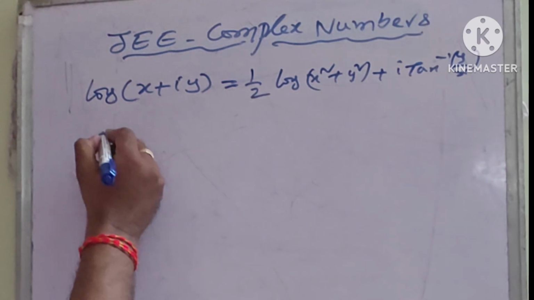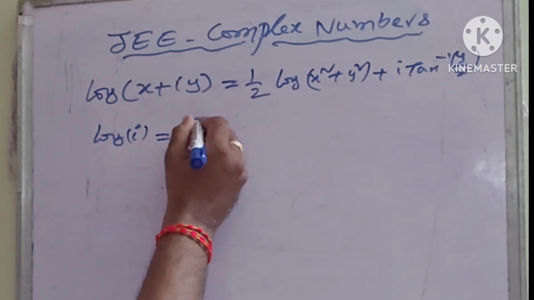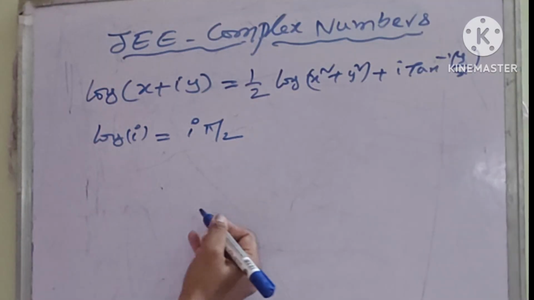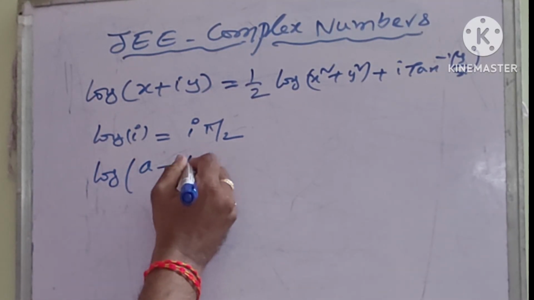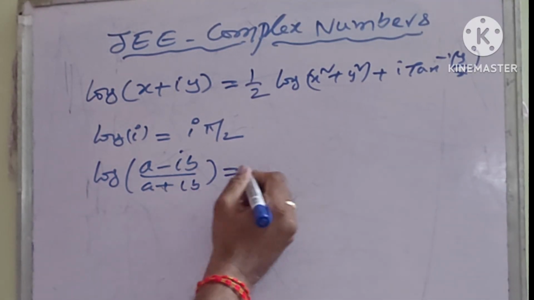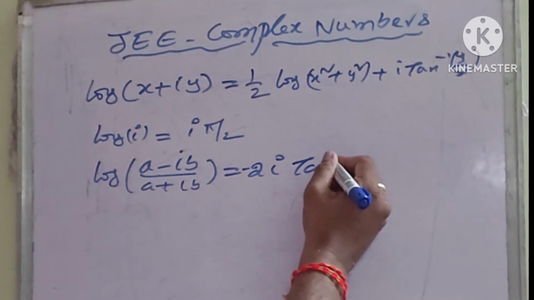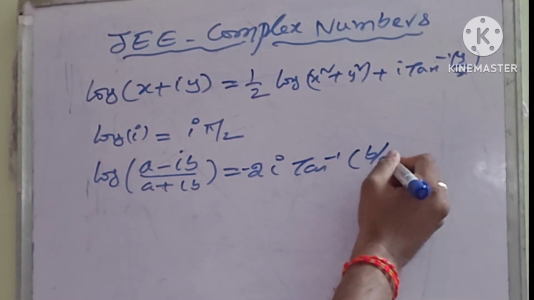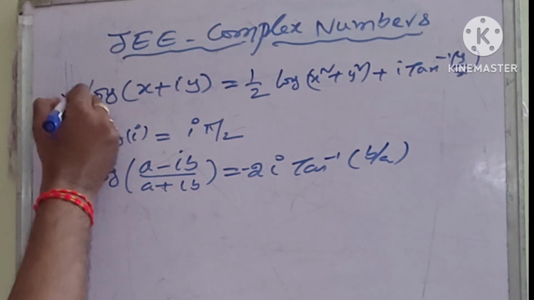Now log i is equal to i pi by 2. And log of (a minus ib) by (a plus ib) is equal to minus 2i tan inverse of b by a. So this is the logarithm of a complex number.